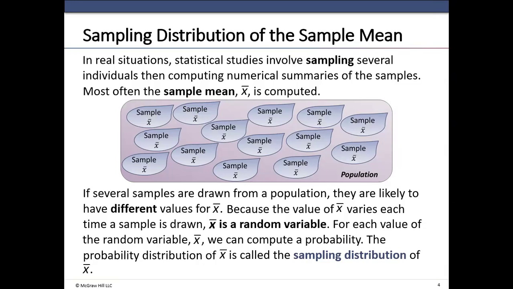Now you can divide all the sample means into different groups. So suppose there are 50 sample means. We can, for example, divide these 50 sample means into 5 or 6 groups on the horizontal axis. So you have the lowest value, then we will select a class width, and that is the first class.